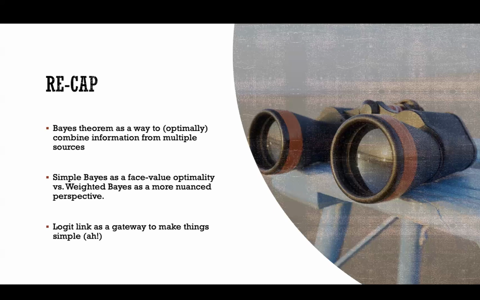We've seen and spent a lot of time with the logit link as a gateway to make things simpler, right? We've seen that we can just sum up the information contained in the different sources if it's on a log odds scale, right? We don't need to renormalize it. It's doing it for us.